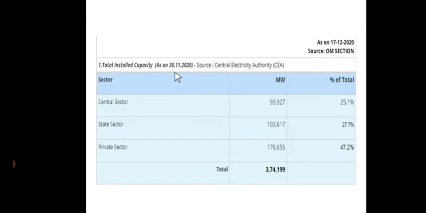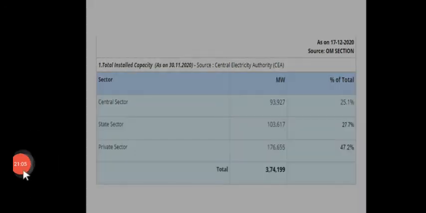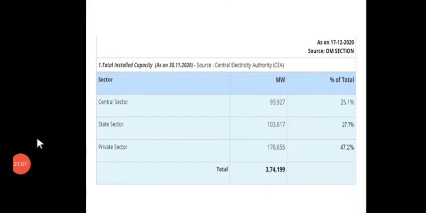There is the central sector, 93,927 megawatt. Then the state sector, 1,03,617 megawatt, which is 27% of the total, and the private sector, 1,76,655 megawatt. These are the total installed capacity as on 13/11/2020. This data is important to know, because we can know how much electricity we are generating nowadays.